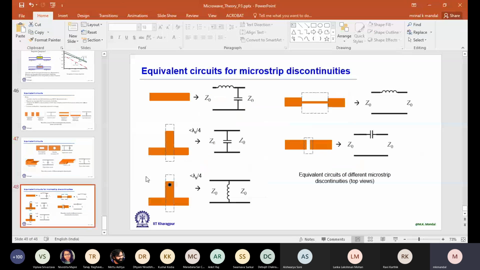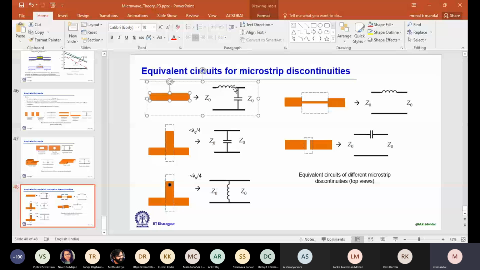Now for the microstrip line case, some of them you already know. The first example is a section of microstrip line in distributed form. For the lossless case, we represent it by an LC section, that you know already. Distributed form of any transmission line. Well, now we are putting an open stub.